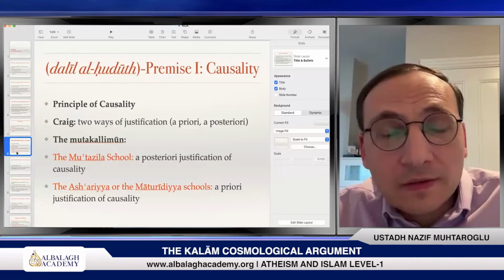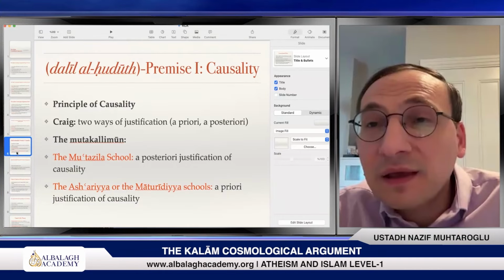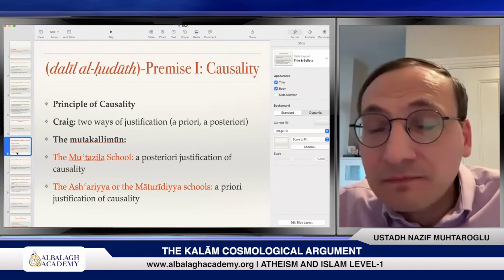Now, Craig initially uses two main types of justification, but then the arguments are extended in his later writings. One justification is a priori, the other is a posteriori. So Craig uses, for example, the basic metaphysical principle that ex nihilo nihil fit.